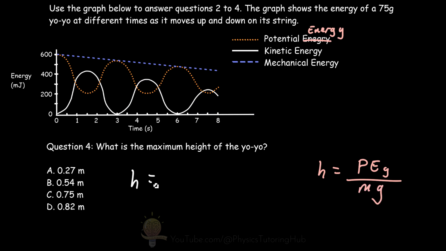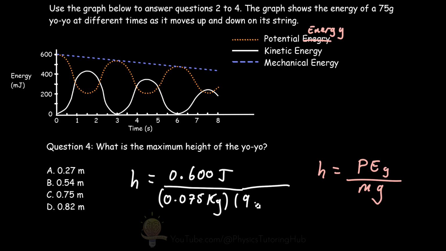So the height equals 0.600 joules divided by the mass of the yo-yo in kilograms, 0.075 kilograms, multiplied by the acceleration due to gravity, 9.81 meters per second squared.